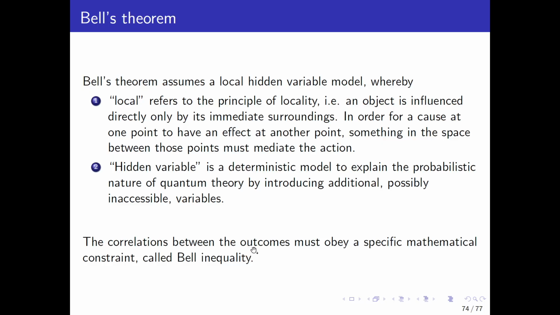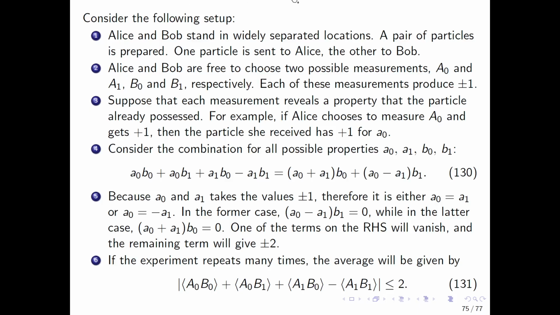There are a lot of ways to derive the Bell inequality. The easiest way is to use the CHSH inequality, which is as follows. Assume that Alice and Bob stand in different locations, and you prepare a pair of particles, one for Alice and another for Bob.